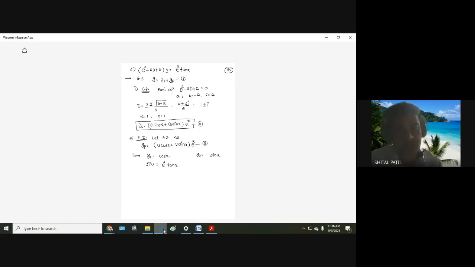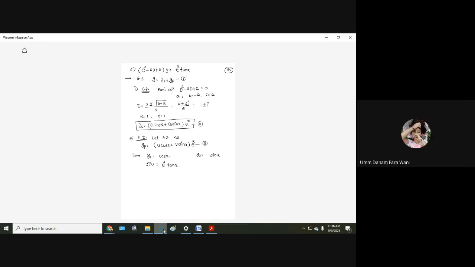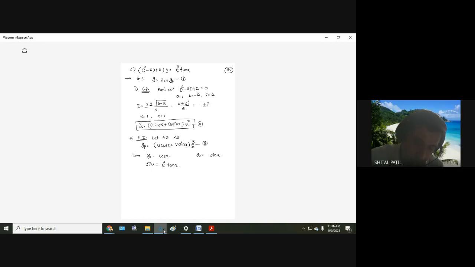Are you getting these values, everyone? Say something, say yes or no. Yes, sir. You are forgetting this e raised to x. U cos x into e raised to x is there, right?